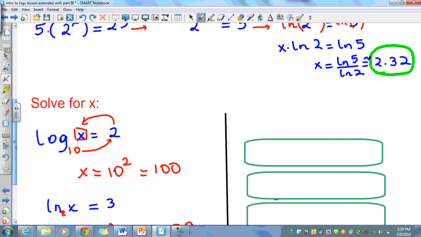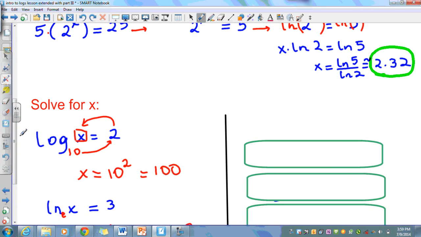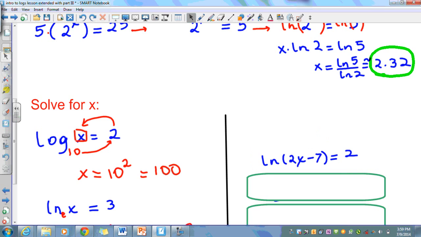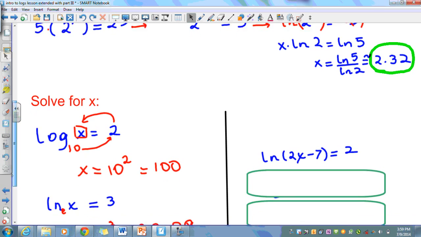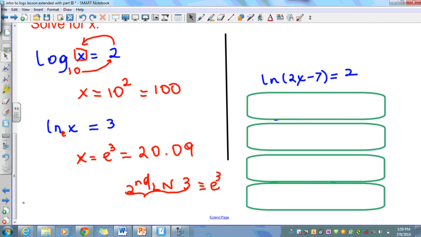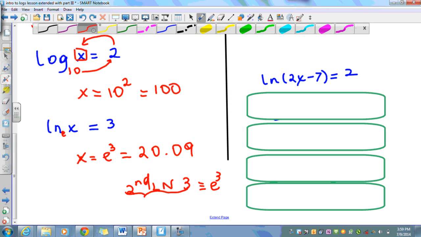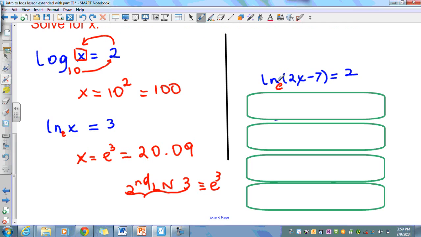And let's take a look at one more example using solving logarithmic equations. Here we have natural log of 2x minus 7 equals to 2. Let's solve for x. So once again, anytime we use natural log, the hidden base is e.